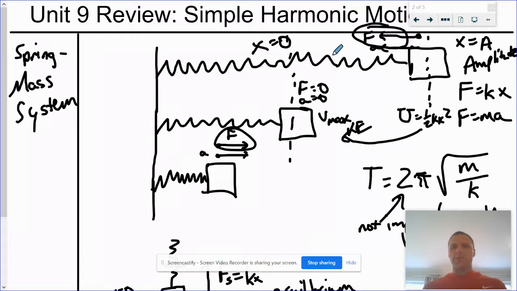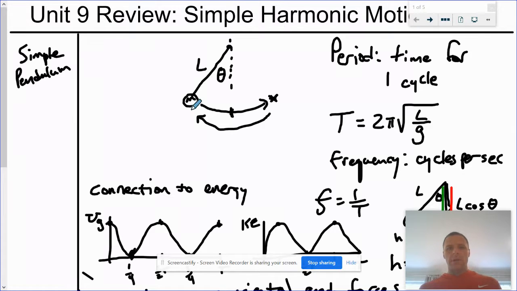That's what we call a restoring force. It happens with the spring and mass system, and it will happen with the pendulum. There's a force here. It's called the restoring force, and the pendulum's over here. It's a force pulling it back to equilibrium. That's called the restoring force.